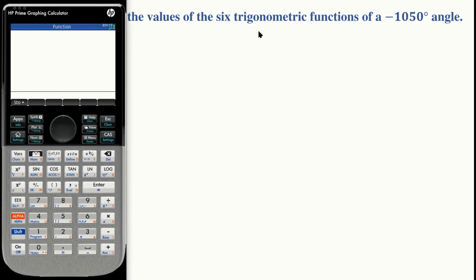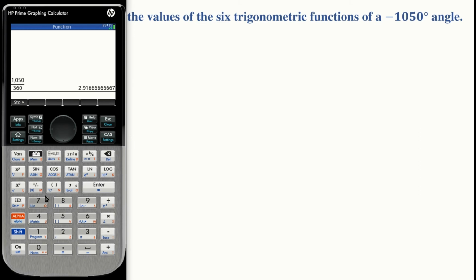Notice that when we take 1050 and divide it by 360, we get 2.91. But remember, since this is a negative angle, to get to a positive angle between 0 and 360, which is coterminal with it, we add multiples of 360 rather than take away.